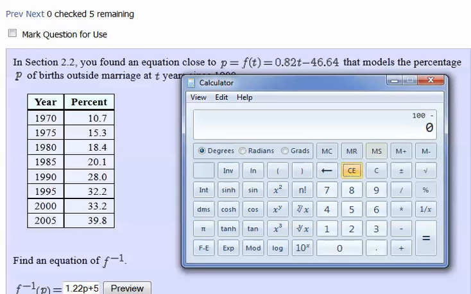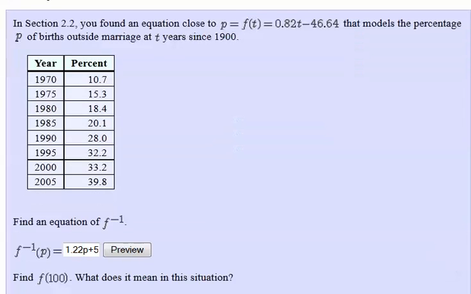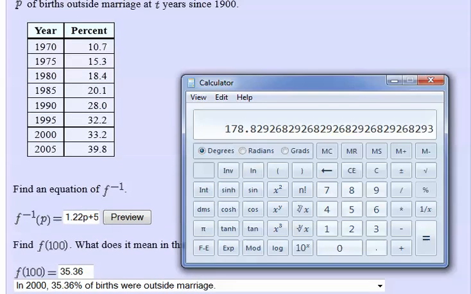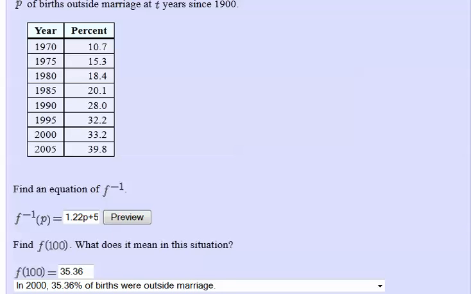So we have 100 plus 46.64, and then we're going to divide by 0.82, and we have 178.83.